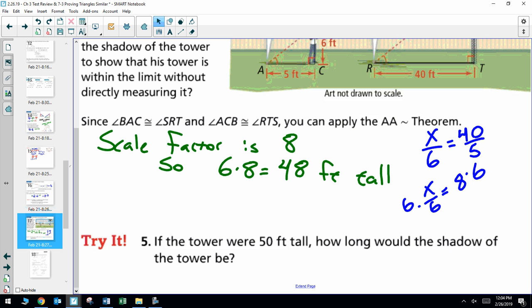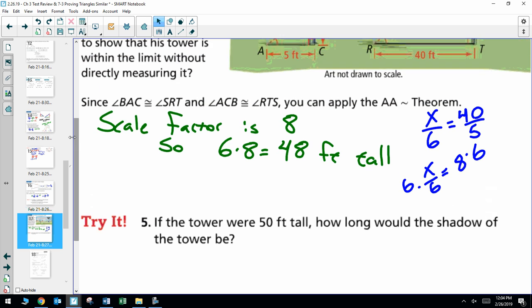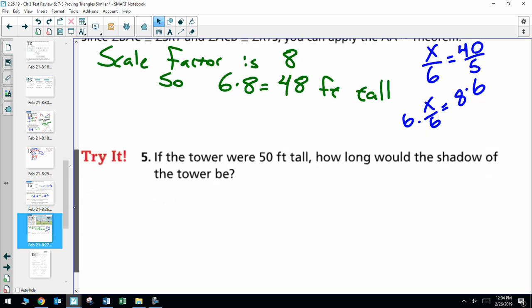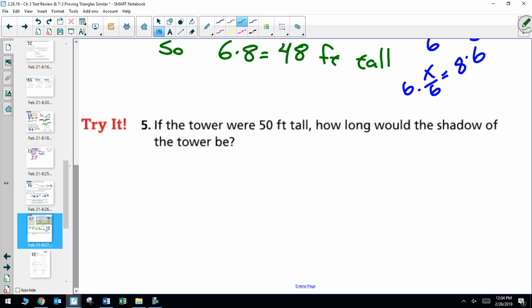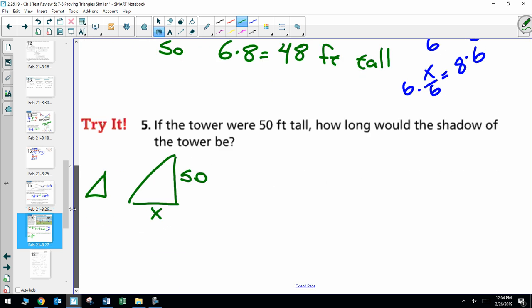All right. If the tower were 50 feet tall, how long would the shadow of the tower be? So, if the tower were 50 feet tall, and I wanted to find out the length of the shadow, 5 and 6. You'd be solving this the same way. You could find the scale factor, or you could set up the ratio of sides.